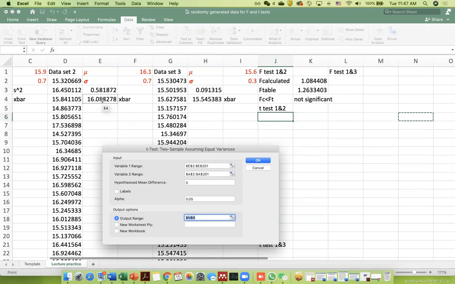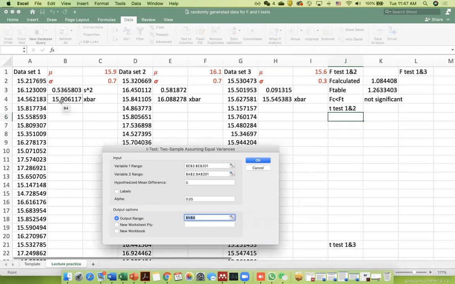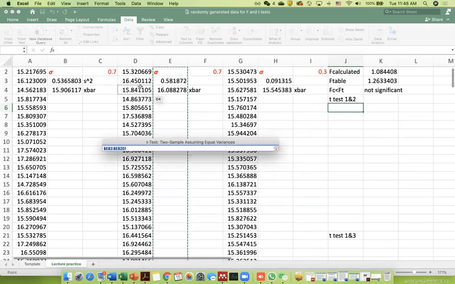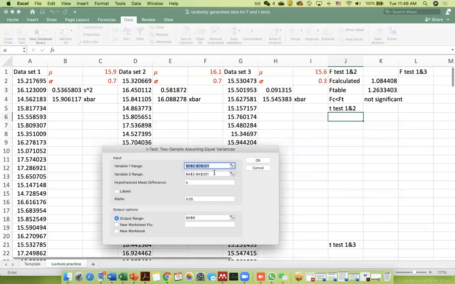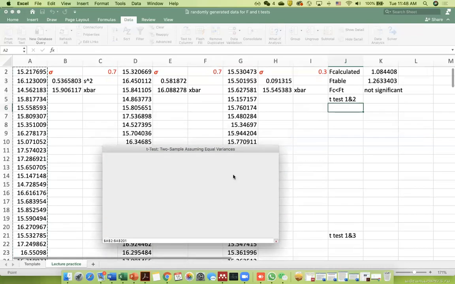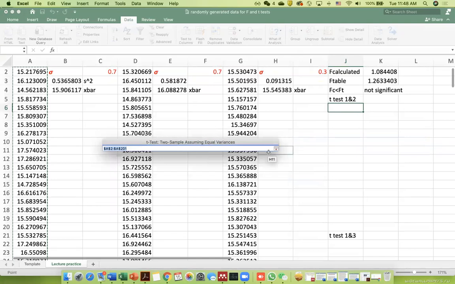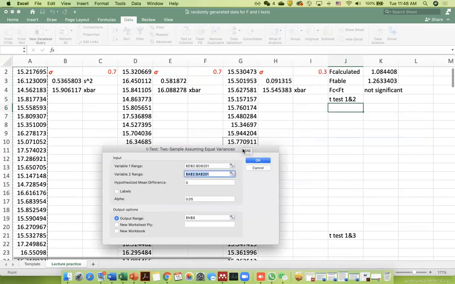So in this case, we see the data set 1 average is 15.9, and data set 2 average is 16.1, right? So data set 2 is slightly larger, which is why we will choose data set 2 to be the first sample. I'm going to change this to this, and this is going to be our second sample.